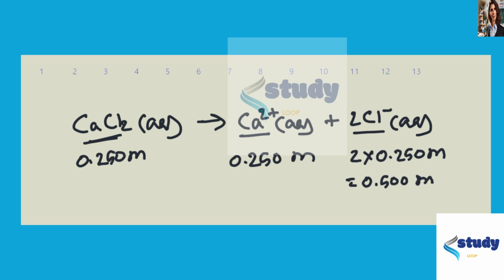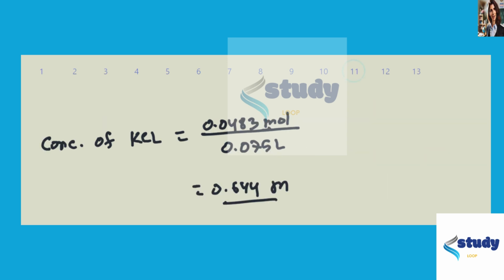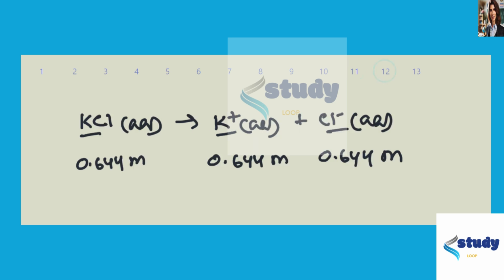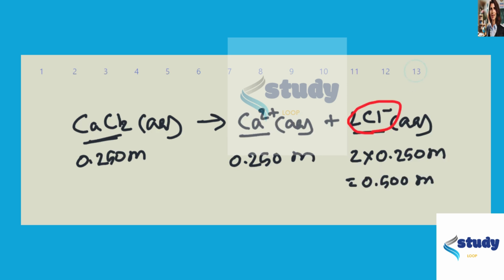Now, so we have Cl minus or chloride produced from this one and also from the KCl. So the total Cl minus concentration is this concentration plus this concentration.